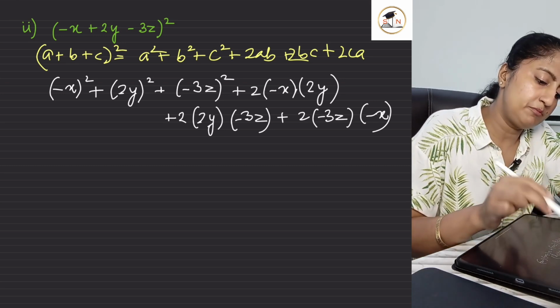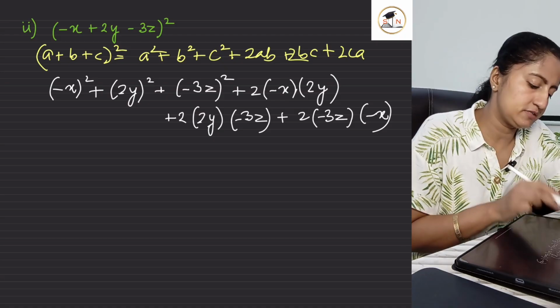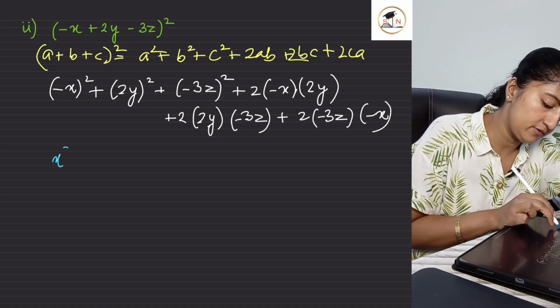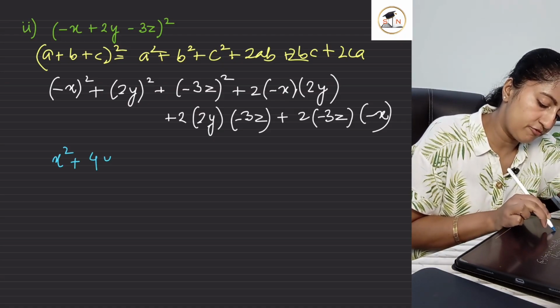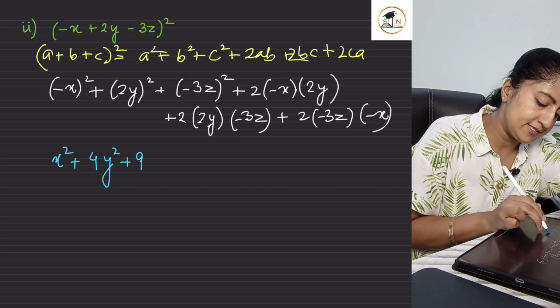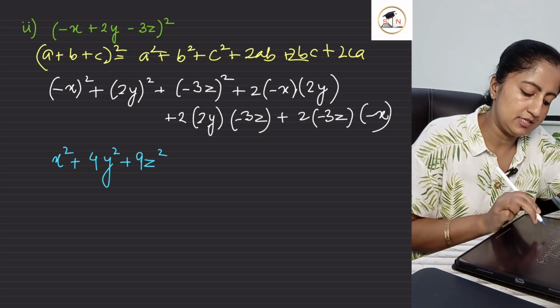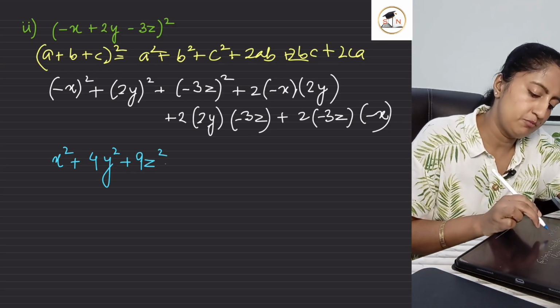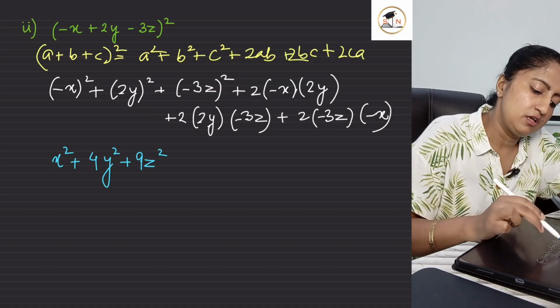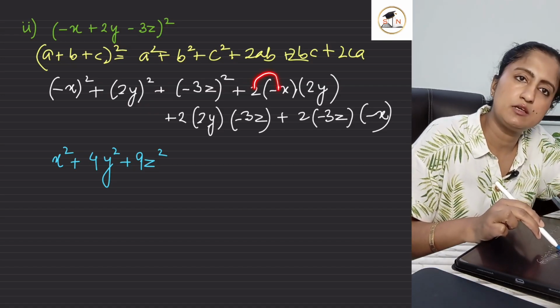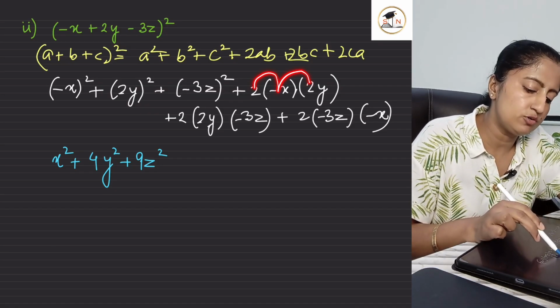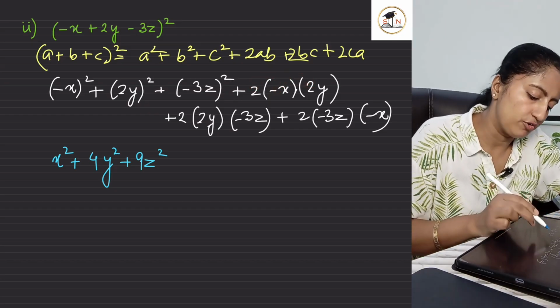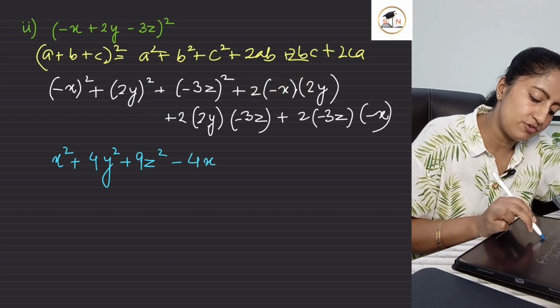So furthermore, moving on, what we get? What is minus x square? Just x square plus 4y square plus 9z square. These are the square terms. Moving on with the products. We have 2 into minus 1, minus 2. Minus 2 into 2 is minus 4. So we get minus 4xy.